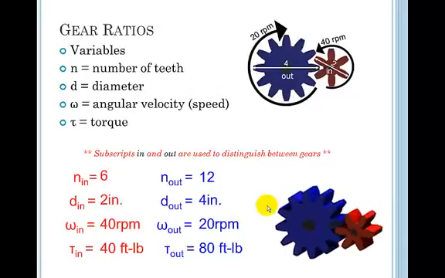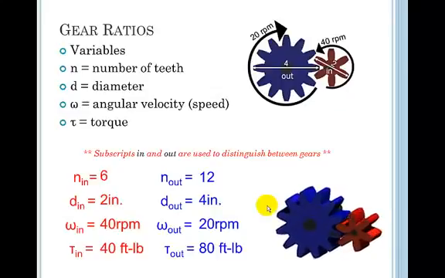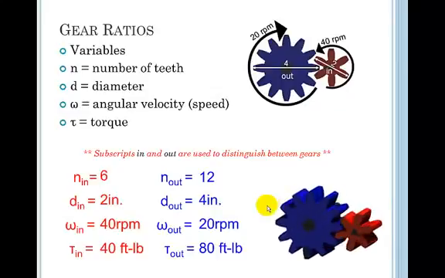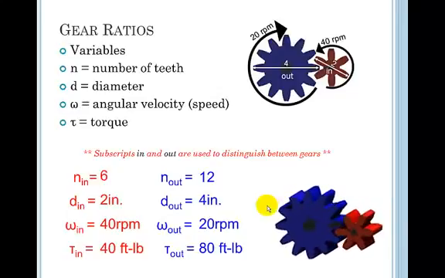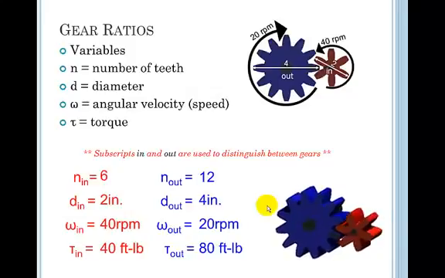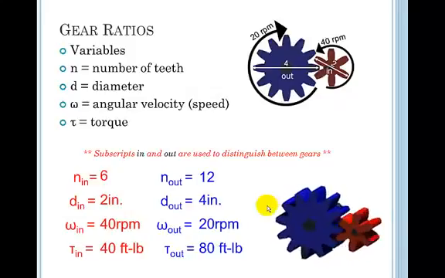Those things all have to be in a specific ratio. They're always related by the same ratio. So for the number of teeth on the input gear, in is the driver, out is the driven.